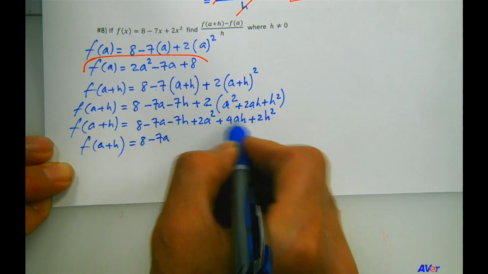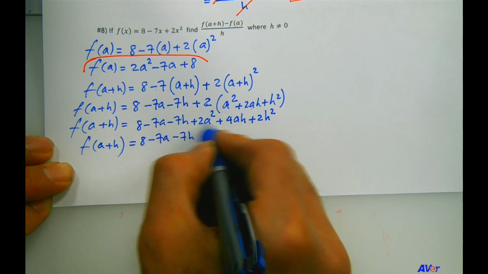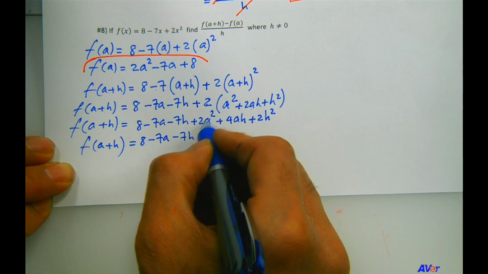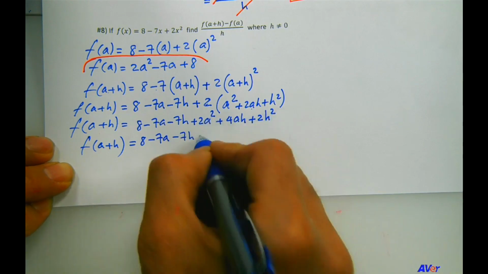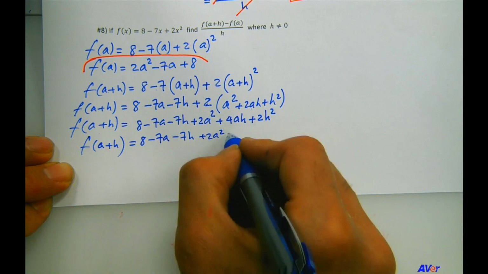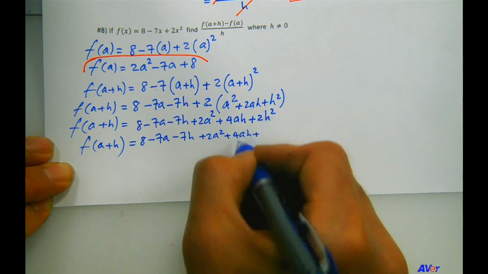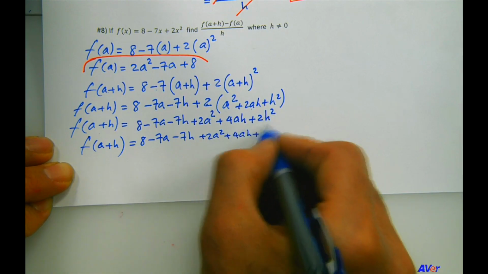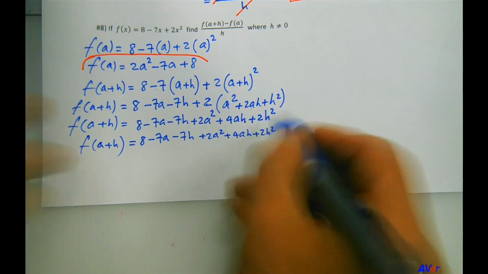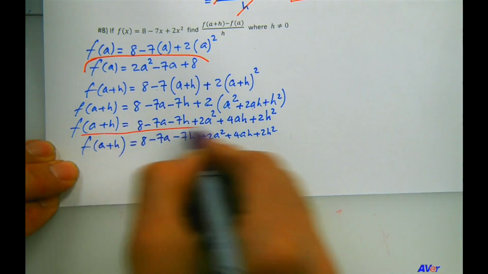No, this ah is not that. So the same thing. Is there anything I can combine with this 2a squared? No, plus 2a squared. Is there anything I can combine with ah? No. Is there anything I can combine with 2h squared? No, 2h squared. So there was nothing we could combine. So this is our f of a plus h.